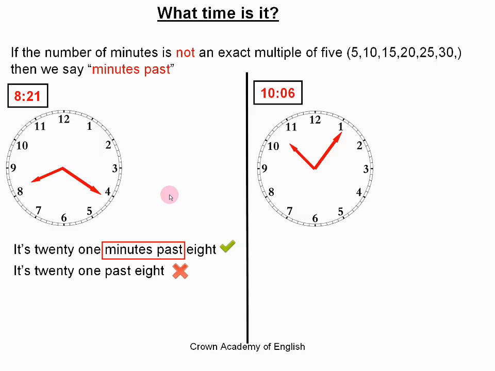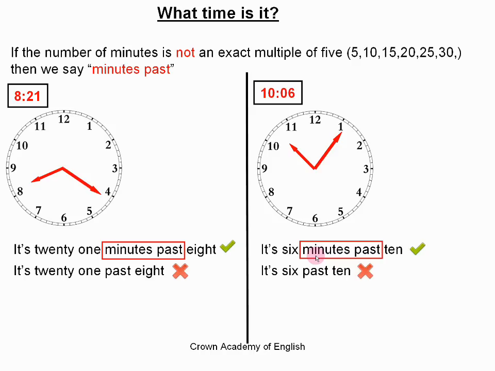And another example, it's 6 minutes past 10. 6 minutes past 10. We do not say it's 6 past 10. That is wrong. Okay, so this is a special rule for when the number of minutes is in between multiples of 5. For example here, it is number 6, 6 minutes.